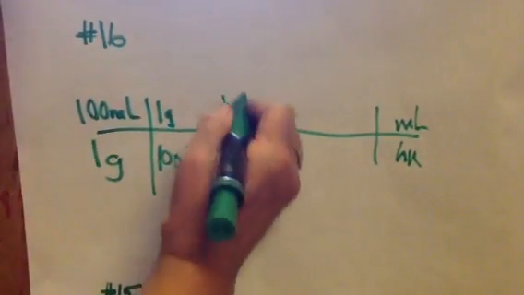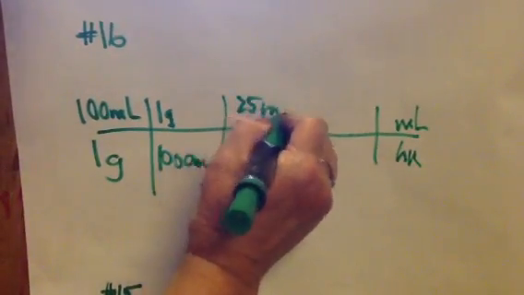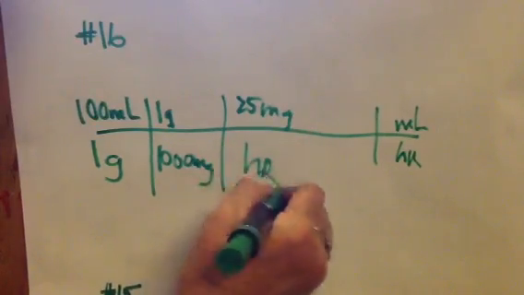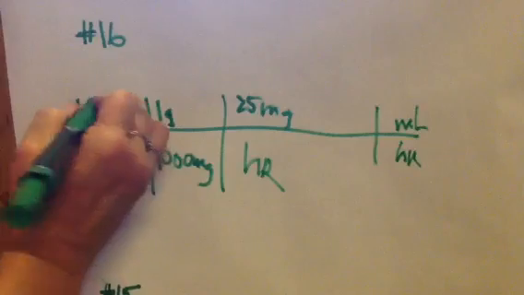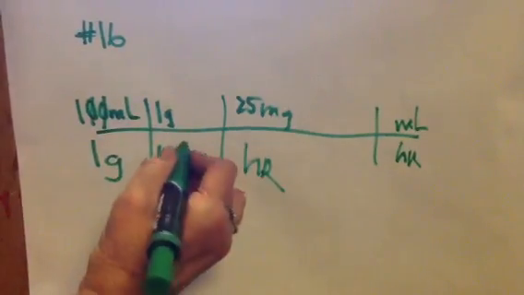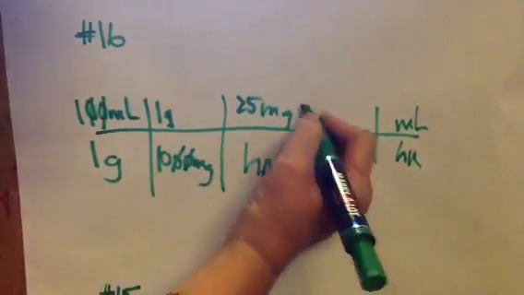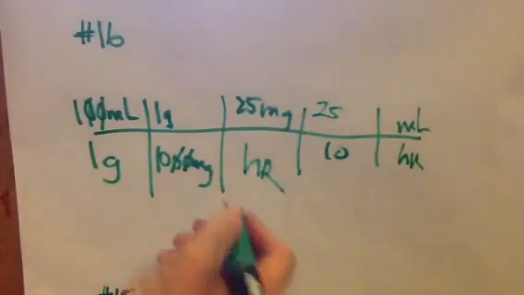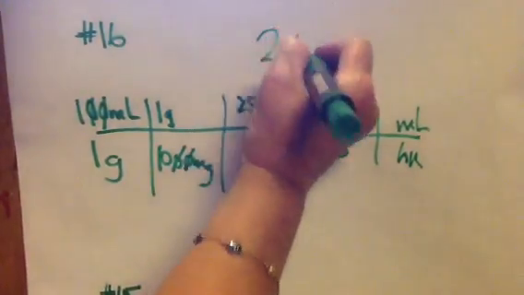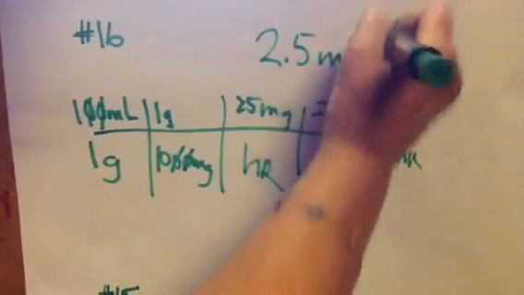We're giving 25 milligrams per hour. Again, you can cross these out. 2 zeros up there, 2 down there. So you have 25 divided by 10. So this comes out to 2.5 milliliters per hour.